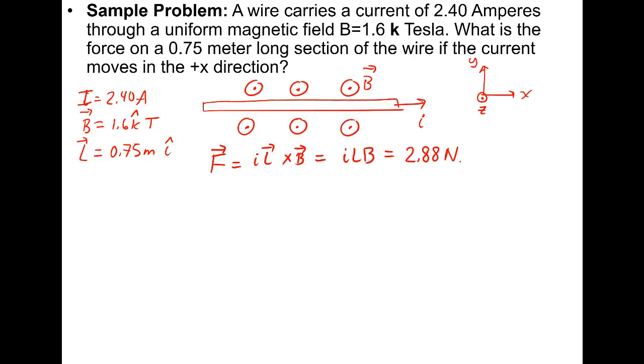Then my thumb, which is pointing down, is going to be the direction of the magnetic force. And so for me, it's going this way. So this is in the negative j-hat direction. And that's it.